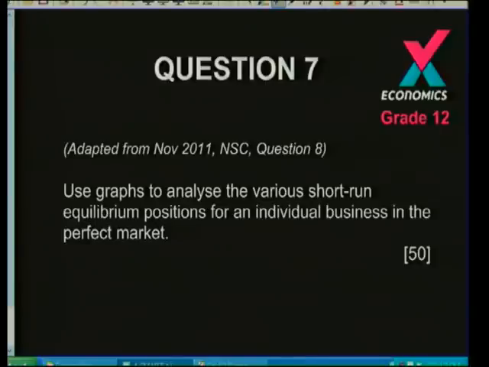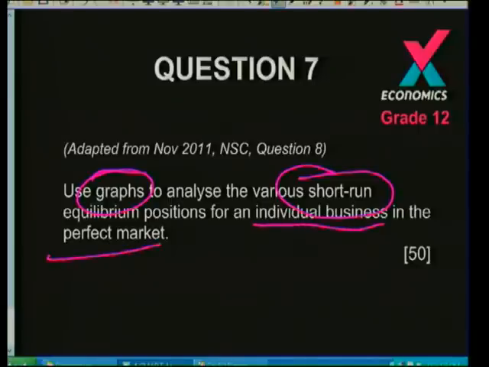Keywords that I would like to identify in this section would be the fact that you may have to make use of graphs, that you have to look at the short-run equilibrium positions, and that you are looking at the individual business in a perfect market. So when you start discussing this essay, it would be a good idea to, in your introduction, indicate exactly what the perfect market is all about.